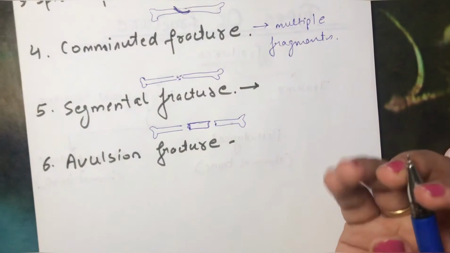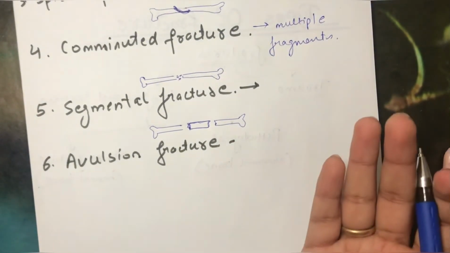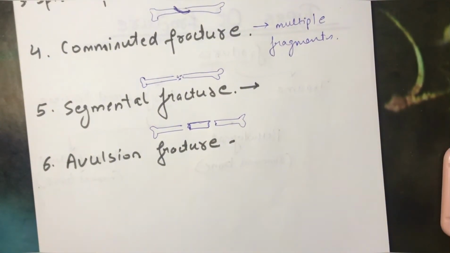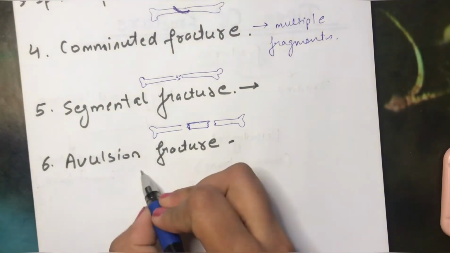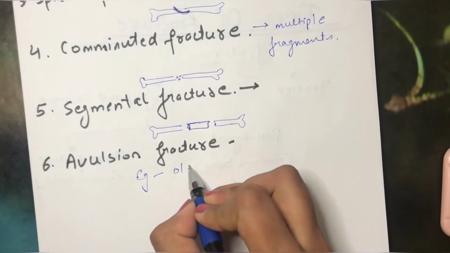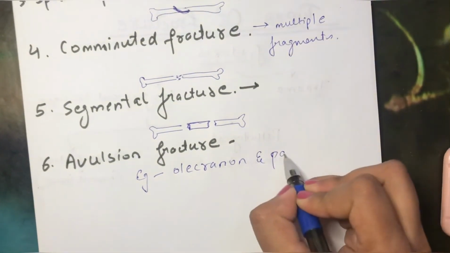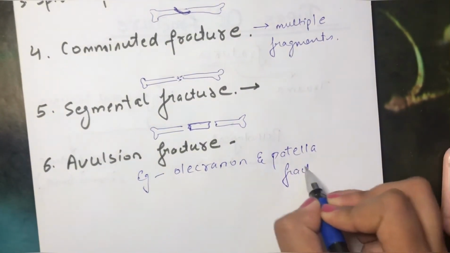In this case, what happens? A piece of bone which is attached to a muscle gets detached from the bone. So this is a kind of avulsion fracture. Examples of avulsion fracture are olecranon and patella fractures.